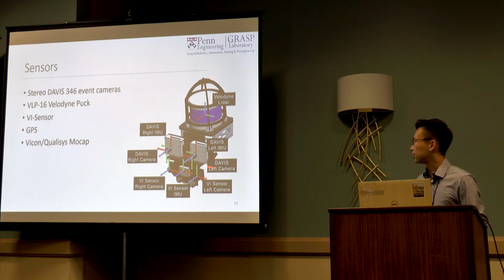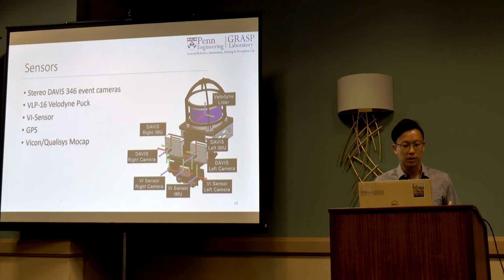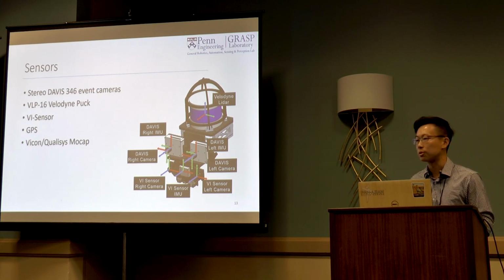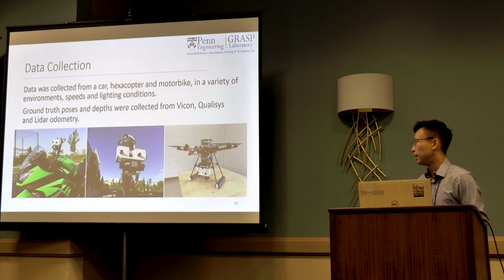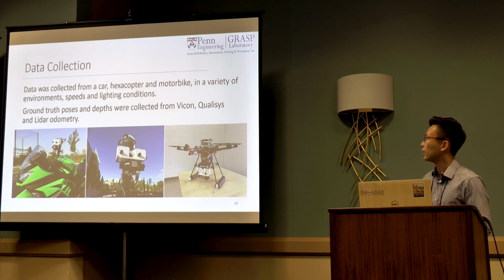And then we also attached a stereo traditional frame-based camera for reference. And then we also have things like GPS and motion capture for ground truthing when available. So we took this rig and we stuck it on whatever we could find. Here it's on top of a car, we have a hexcopter, we have a motorcycle, whatever you'd like.